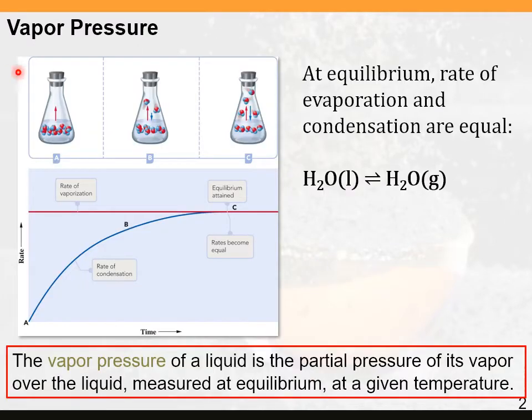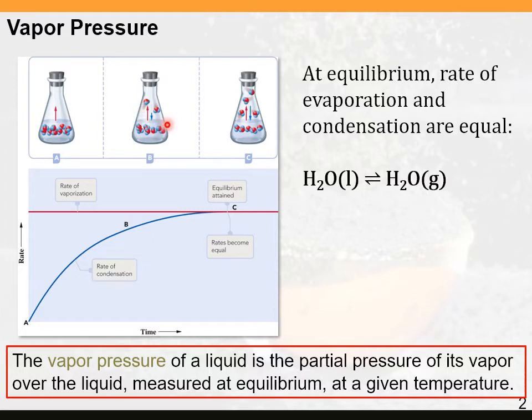If you put a liquid into a closed container, evaporation of course will happen, but in this case the liquid is not going to dry off because the gas molecules cannot be carried away and they build up in the space. As they build up in the space, they're going to start condensing. The molecules, as they zip around, when they collide with the surface of the liquid, can be captured.